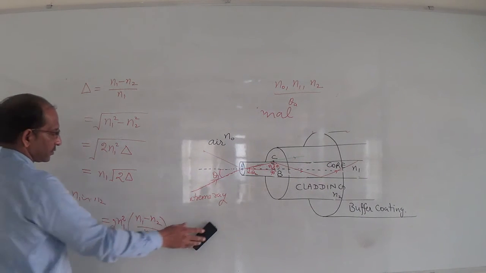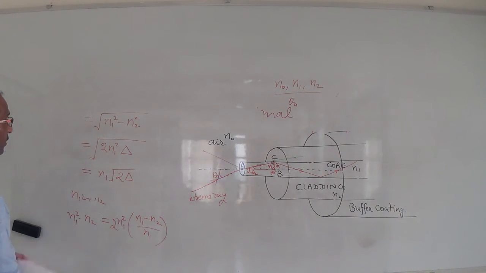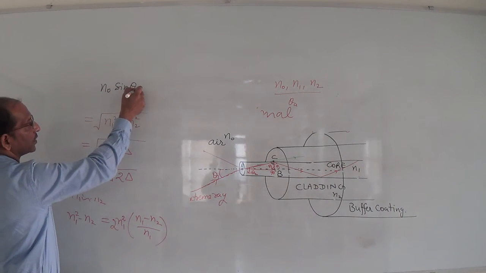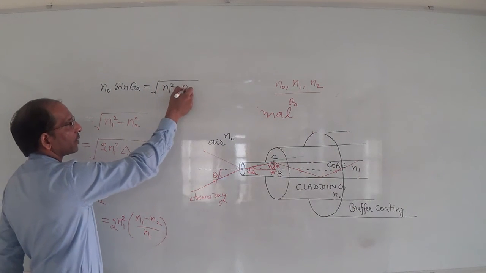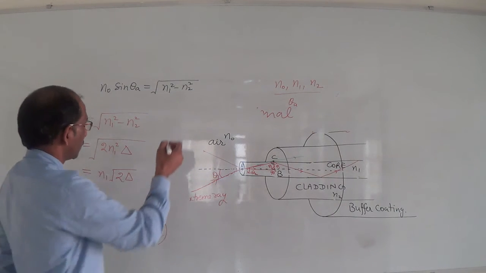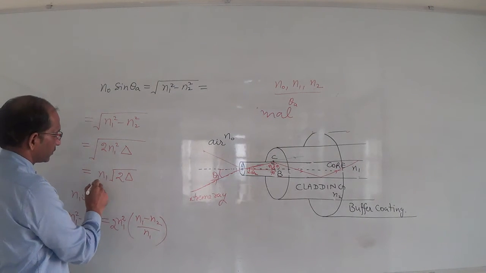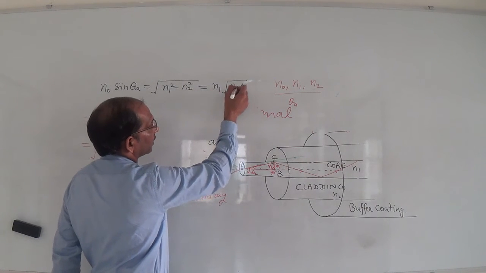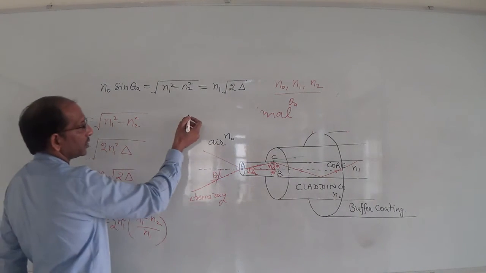So now we have three relations in this particular topic. Number one is n naught sin theta a, that is equal to the square root of n1 square minus n2 square, and this is again equal to the latest result which we have found right now, n1 square root 2 delta, where delta is defined in terms of the ratio.